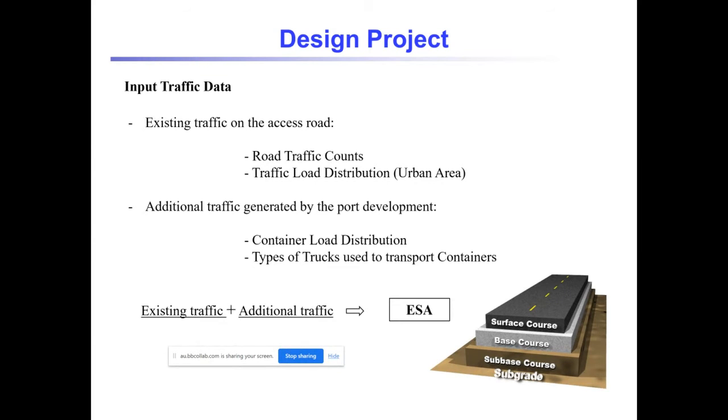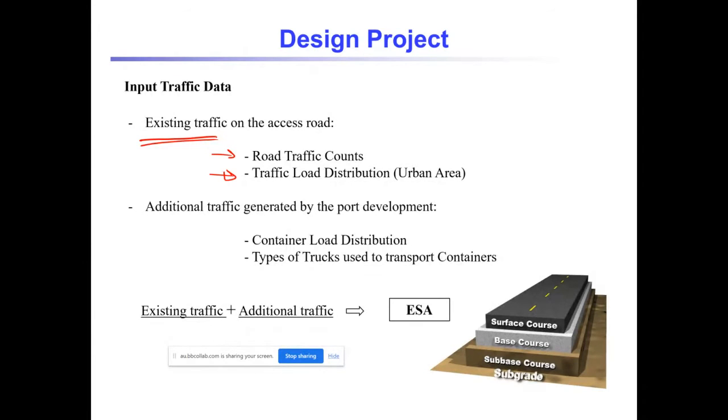So as you know, as I explained in the project description, we are going to design a pavement, an access road to the port, and there is one existing traffic on that road, right? And I provided you with the survey data for that road. I gave you the road traffic counts as well as the traffic load distribution.